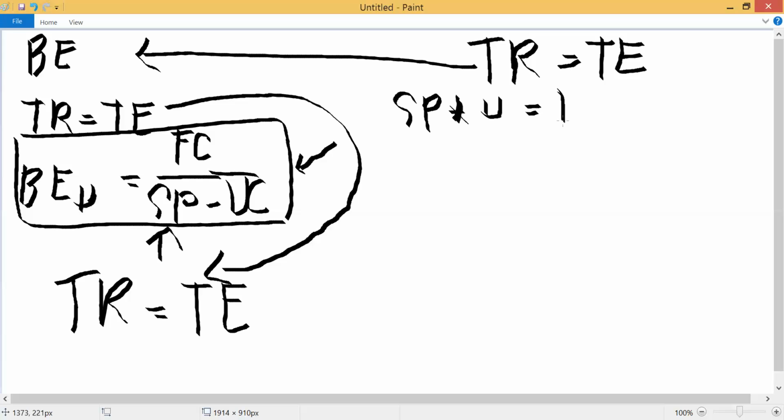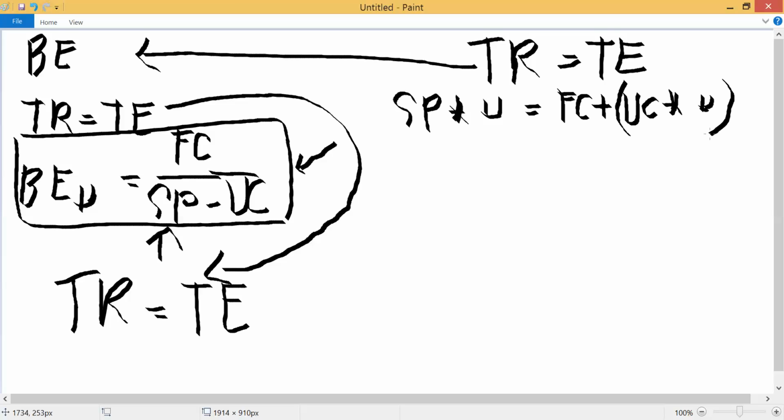We have fixed costs, FC, and variable cost, or the contribution margin. Plus the unit costs times the number of units. The small u is the number of units, right? Okay, is that correct?